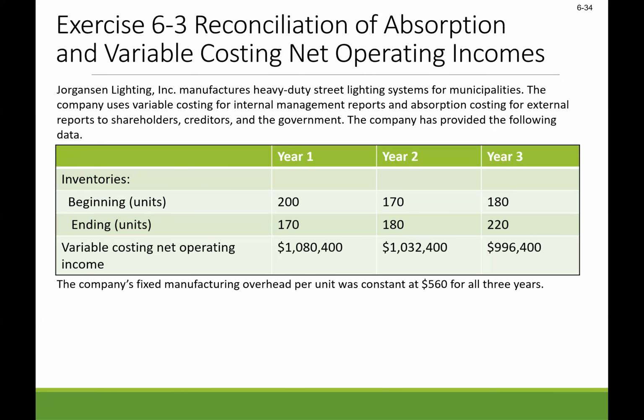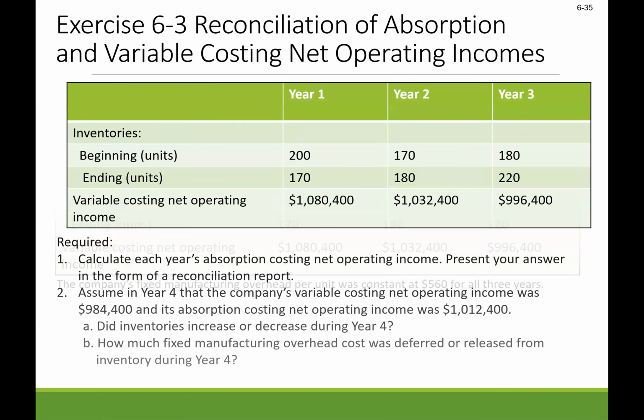So we see beginning units, ending units, and then the variable costing net operating income, each one. Calculate each year's absorption costing net operating income. Present your answer in the form of a reconciliation report.